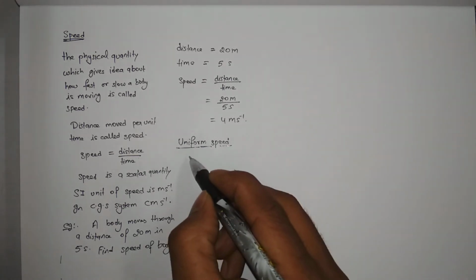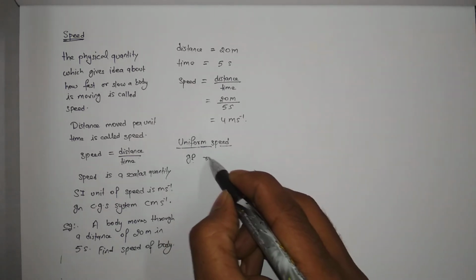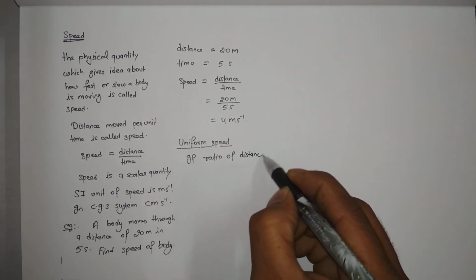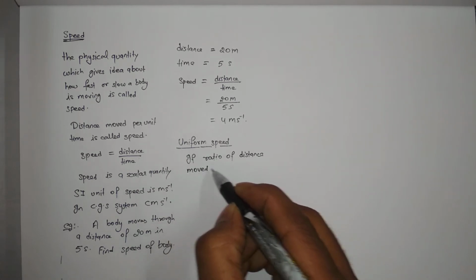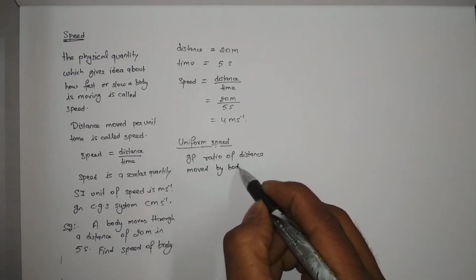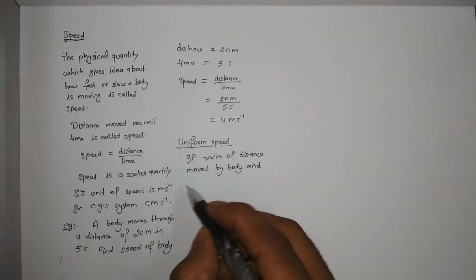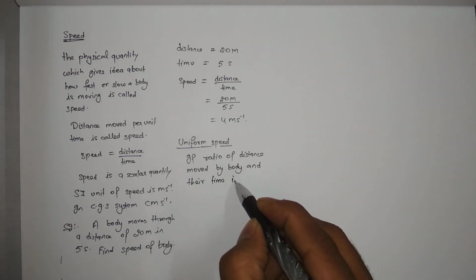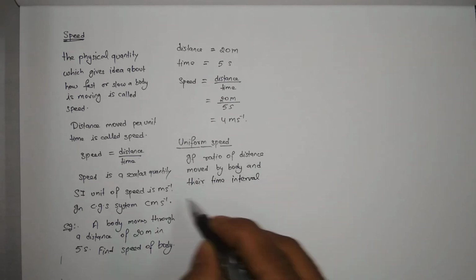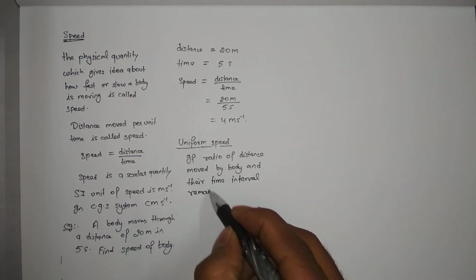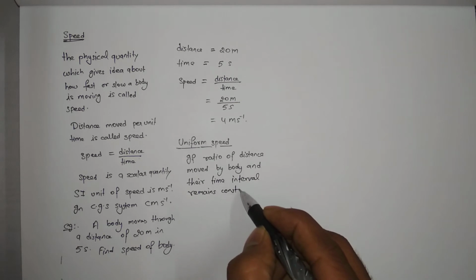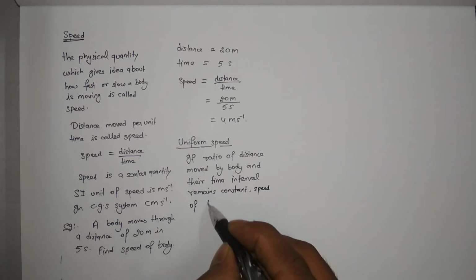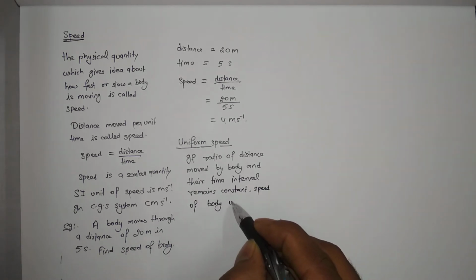It means if ratio of distance moved by body and their time interval remains constant, speed of body will be uniform.